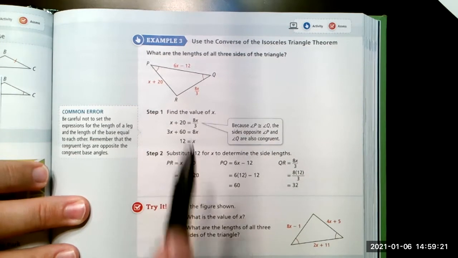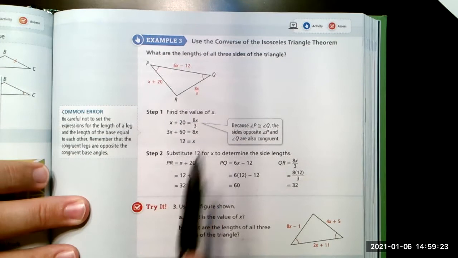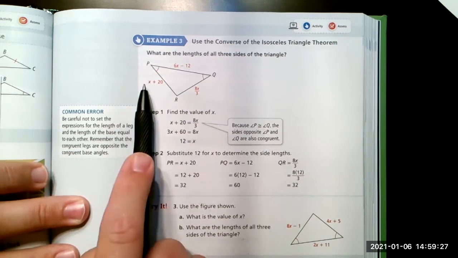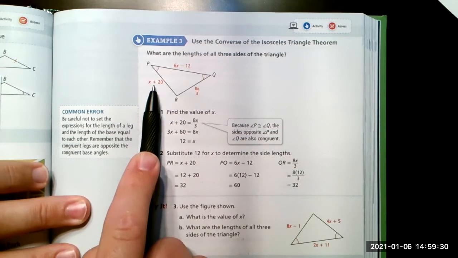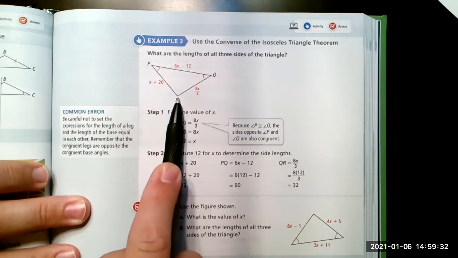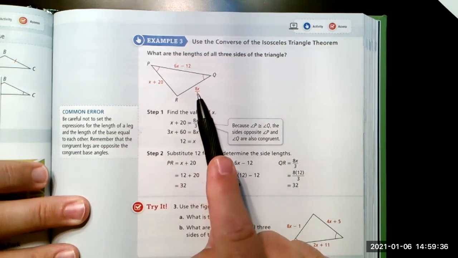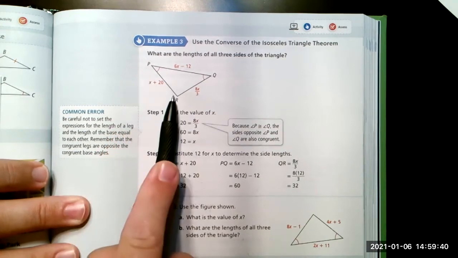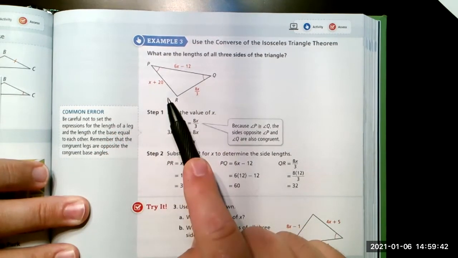So I can always go in and plug in these values of x to find out whatever side length I want to. So if x equals 12, 12 plus 20 is 32. So I know that PR, the length of PR is 32. I don't even have to plug it in over here, 8x over 3, because again, this is an isosceles triangle. This length has to be the same length as this side.